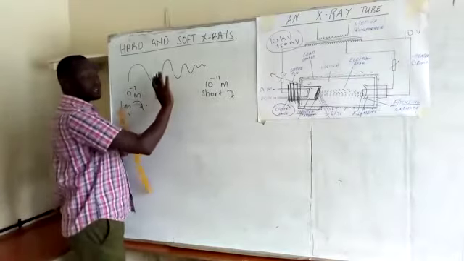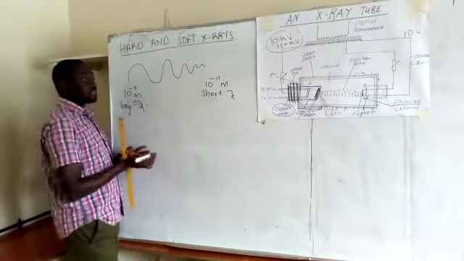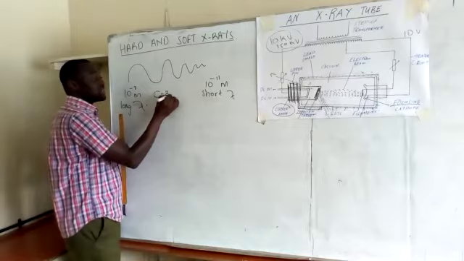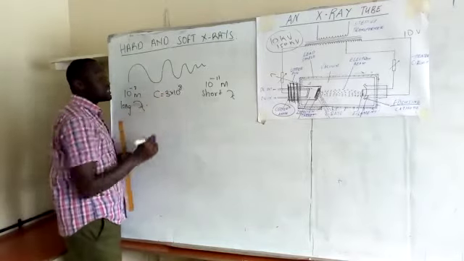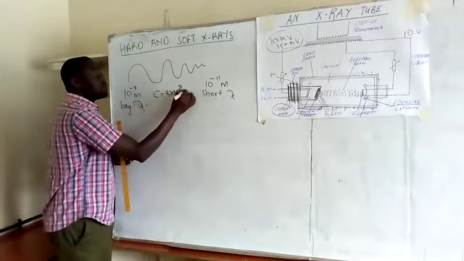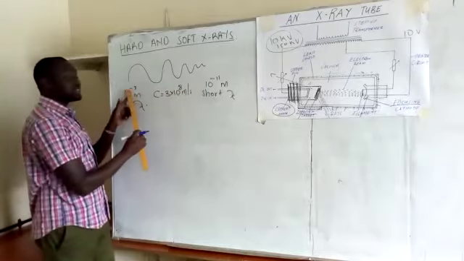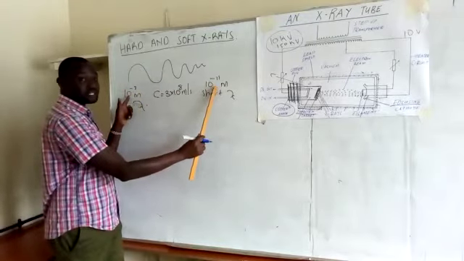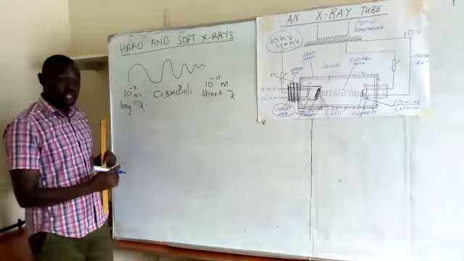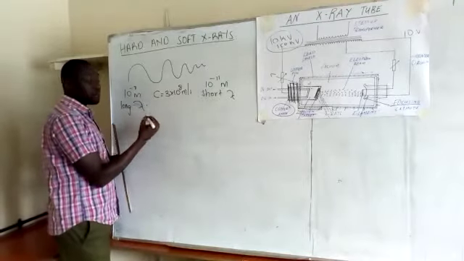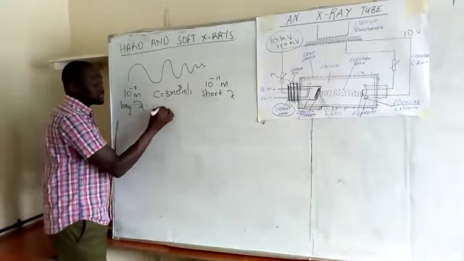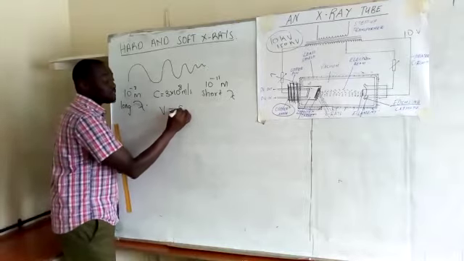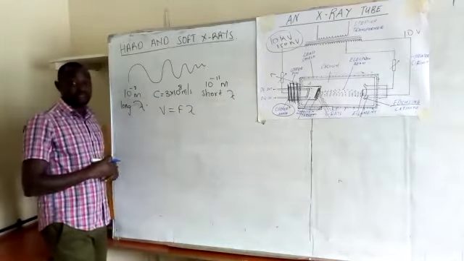So this is a short wavelength and this is a long wavelength. And remember, they have a constant speed of light, c, which is 3 times 10 to power 8. Because the speed will not change, as the wavelength changes, the frequency will change. Remember, from waves 1, we know that the velocity of waves is given by frequency times wavelength.